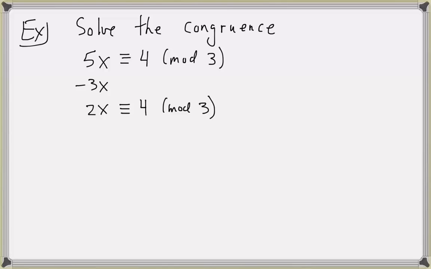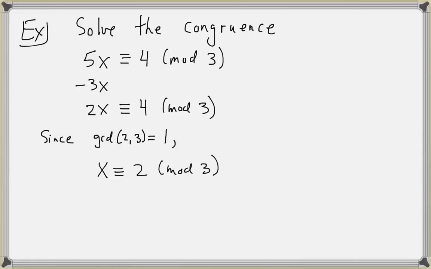Now I have a common factor of 2. 2x and 4 are both divisible by 2, and since the GCD of 2 and 3 equals 1, we can cancel this common factor of 2 and write x is congruent to 2 mod 3 when I divide both sides by 2.